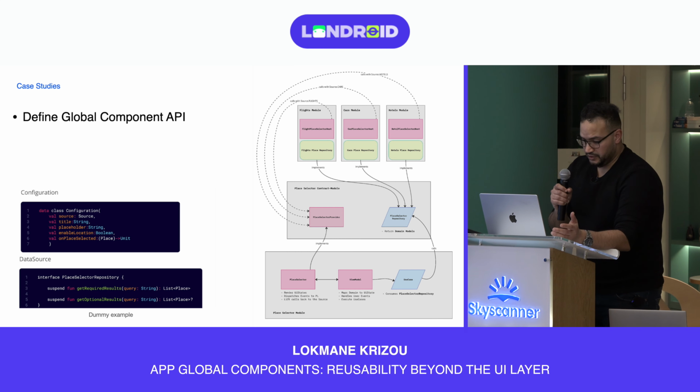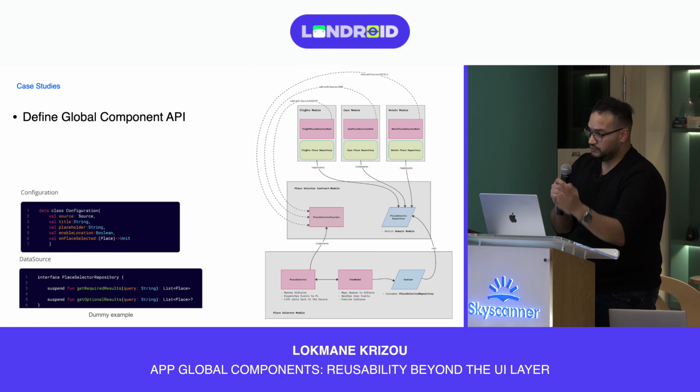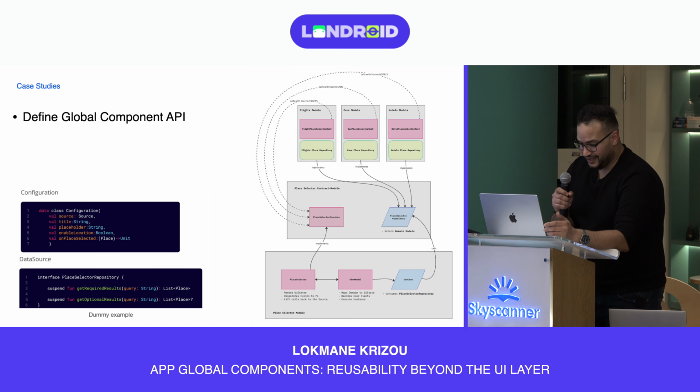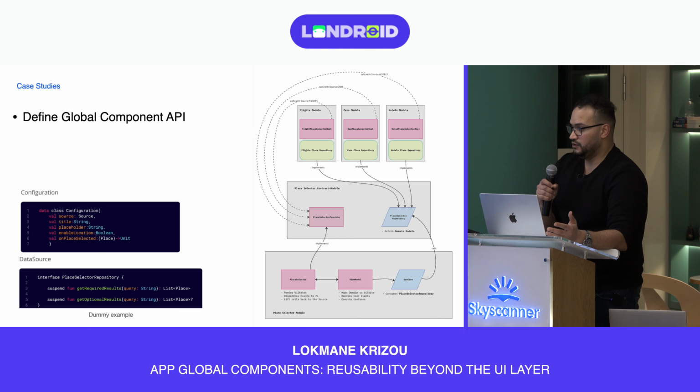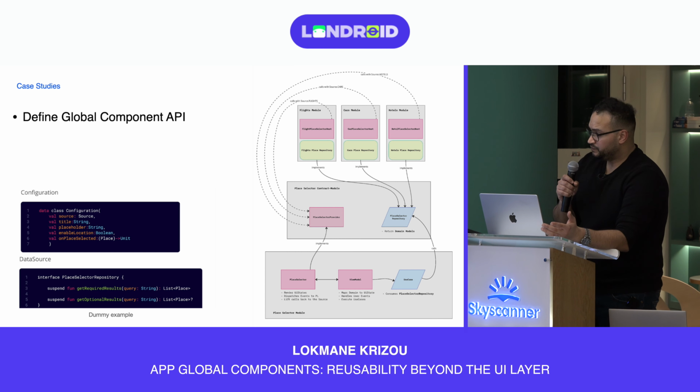It's just a simple interface, as you can see down below, and it's just a dummy example, not the actual implementation. There are two functions: one to get the required sections, and the other to get the optional sections. And that's basically what the API looks like.